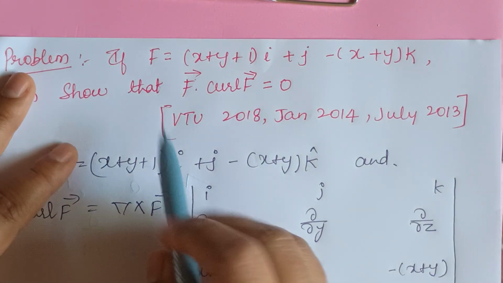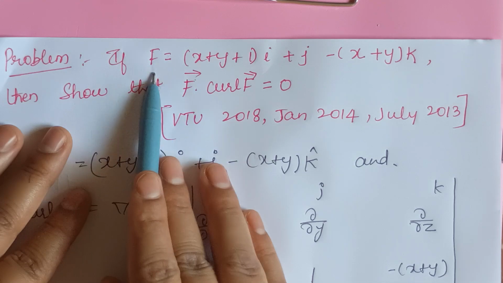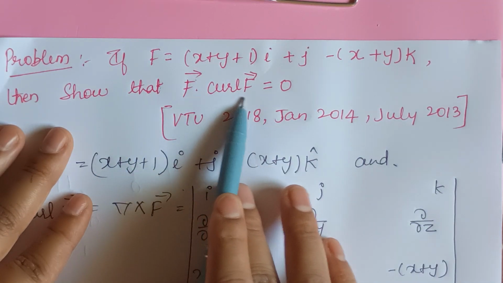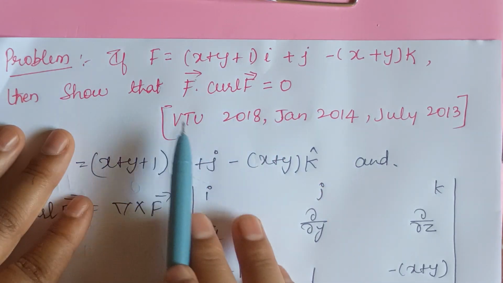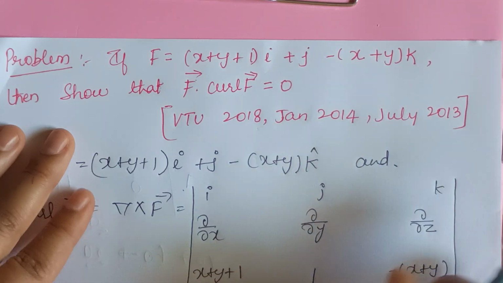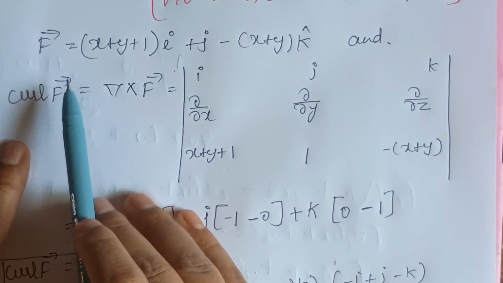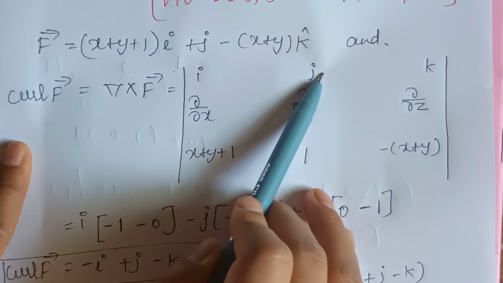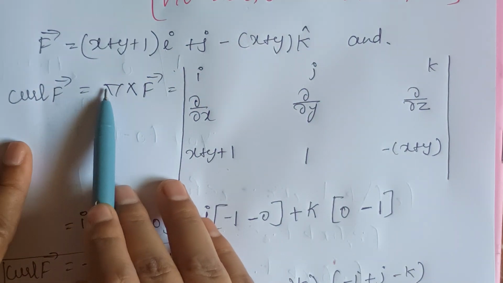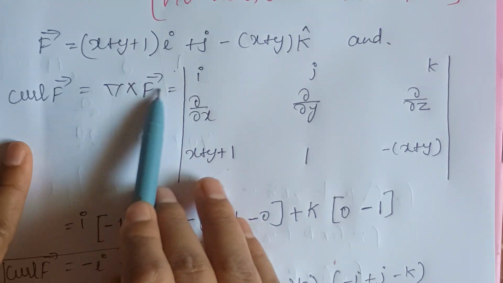Let me tell you how I have found it. The question is, if vector f is equal to this, then show that vector f dot curl of vector f is equal to 0. And this question was asked in the 2018, 2014 and 2013 papers. This is the given vector, and curl of vector f can be found as del cross vector f.